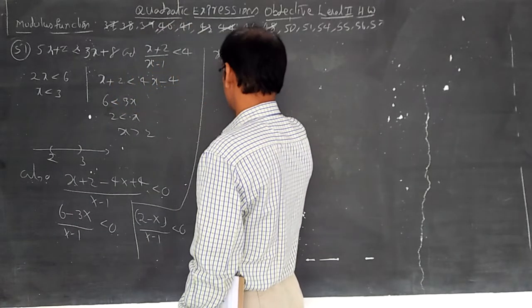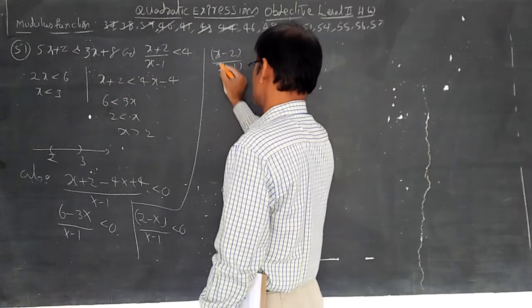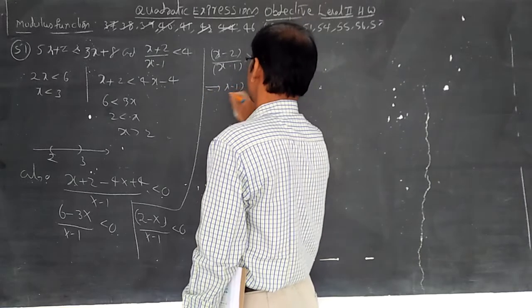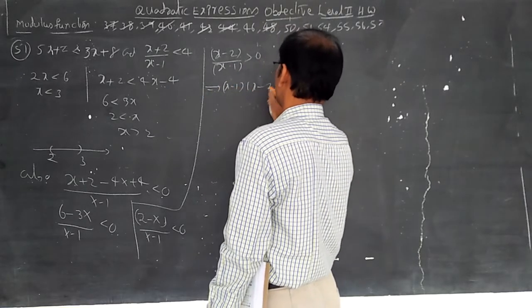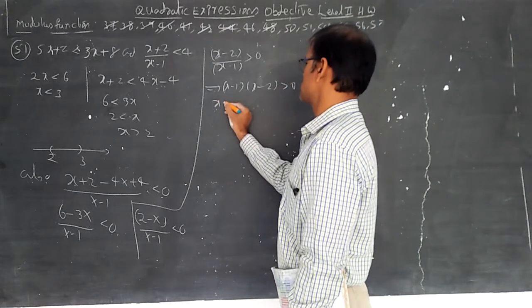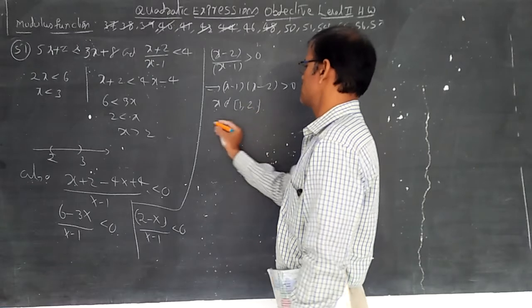Multiply with minus: x minus 2 by x minus 1 greater than 0. Use the concept a by b greater than 0, so ab greater than 0. x minus 1 and x minus 2 greater than 0, so x does not belong to 1 comma 2.